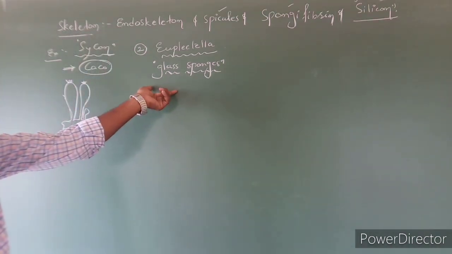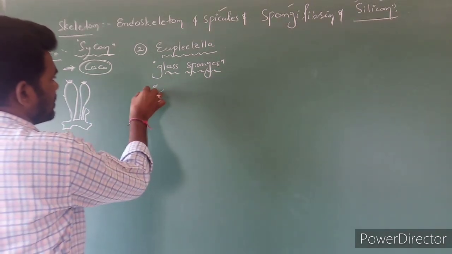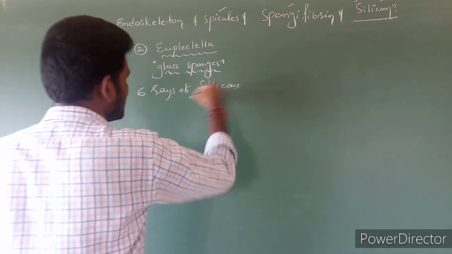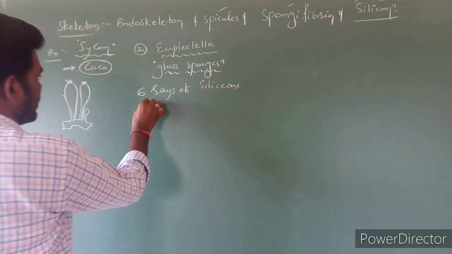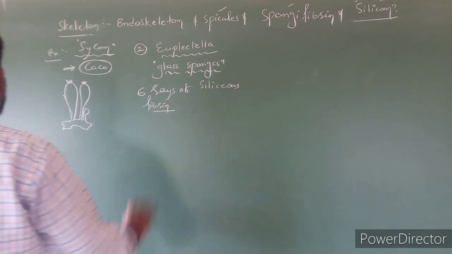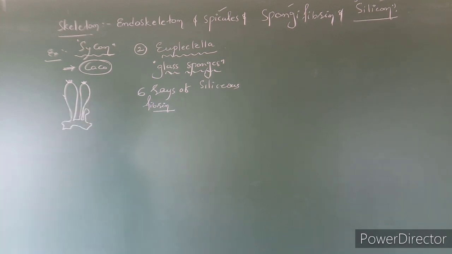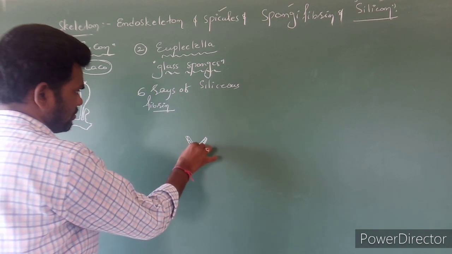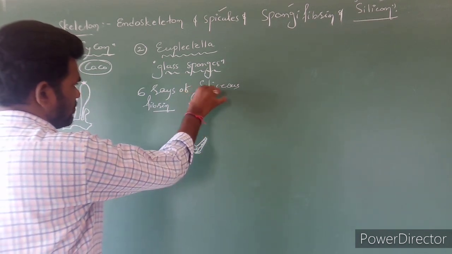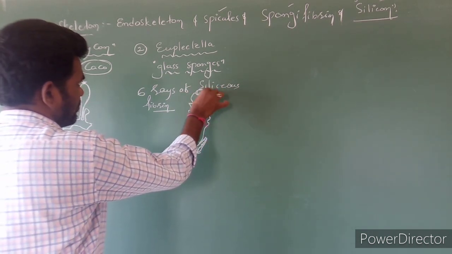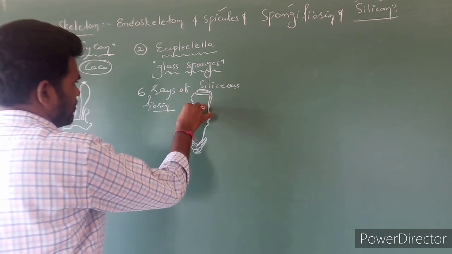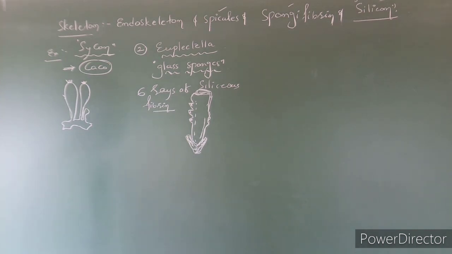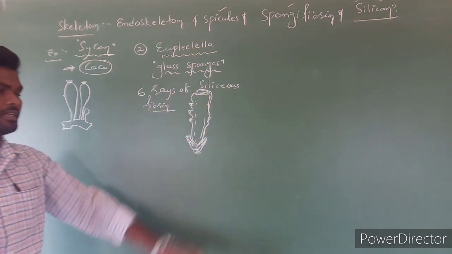In this case, the endoskeleton is made up of 6 rays of siliceous fibrin. The simple diagram is here. This is Euplectella, also called glass sponge. The endoskeleton is made up of 6 rays of siliceous fibrin.